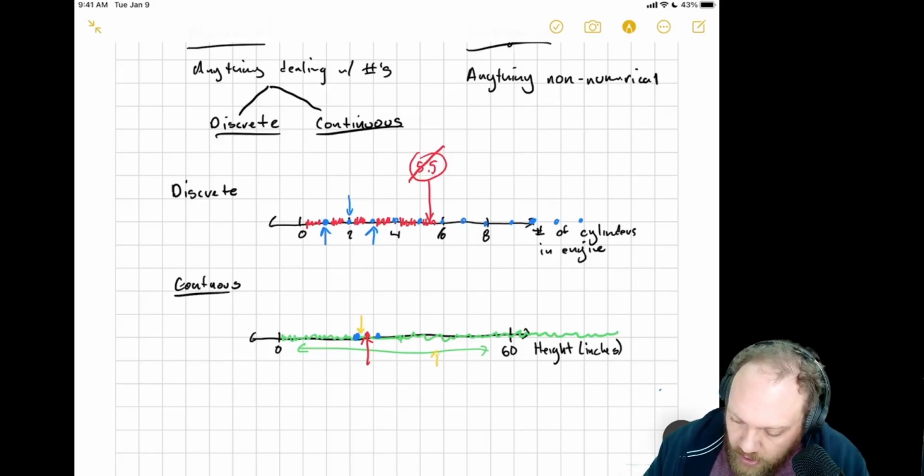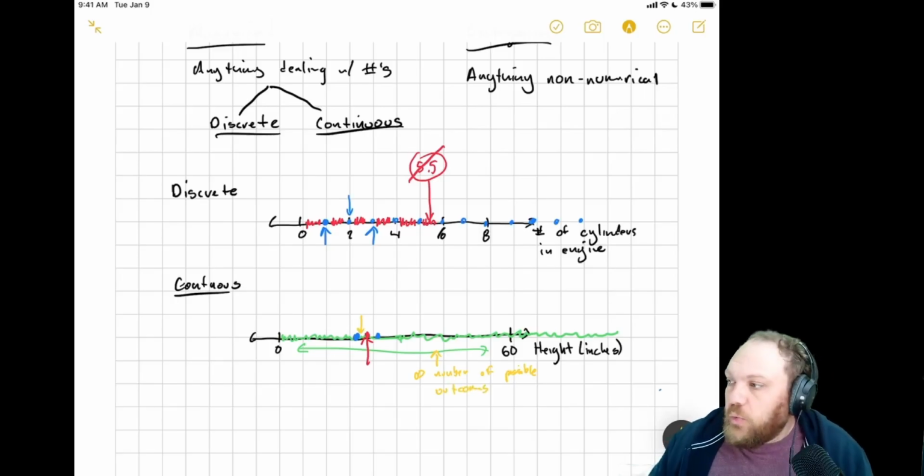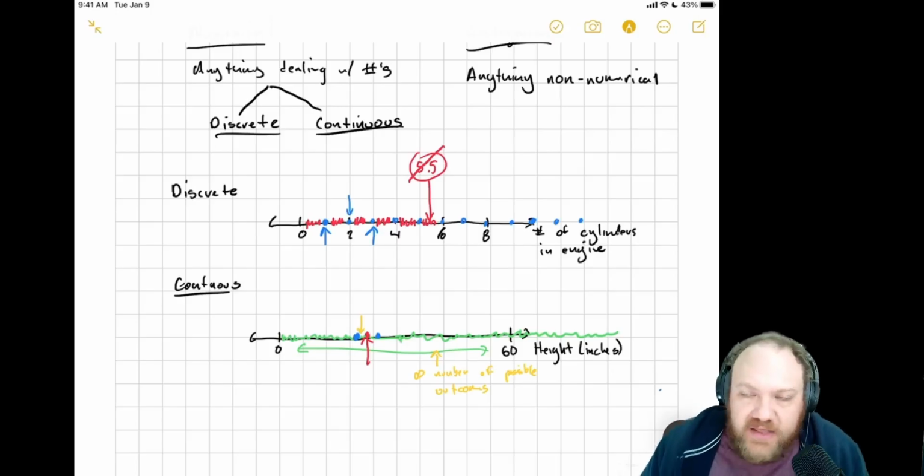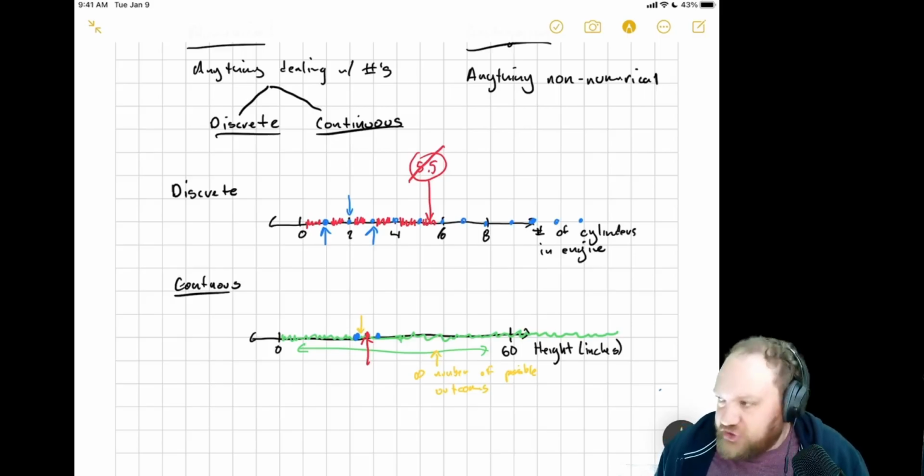We can say there are an infinite number of possible outcomes, so long as we have an instrument that is capable of measuring to infinite precision, right? So that's the difference between discrete and continuous.